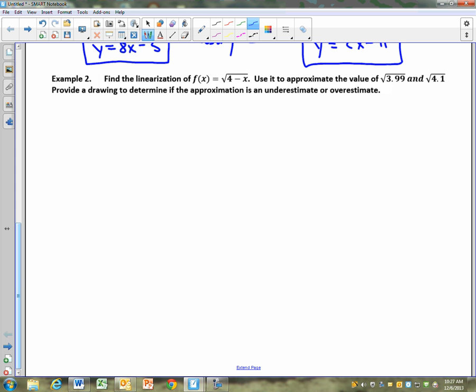So we're finding the linear approximation of f of x equals the square root of 4 minus x at x equals 0. And the reason why we want to do it that way is we want to approximate these values. And plugging in 0 for x gets us really close, right?